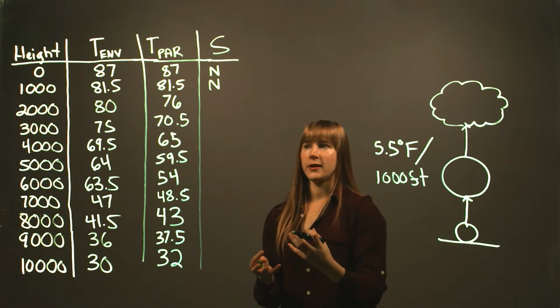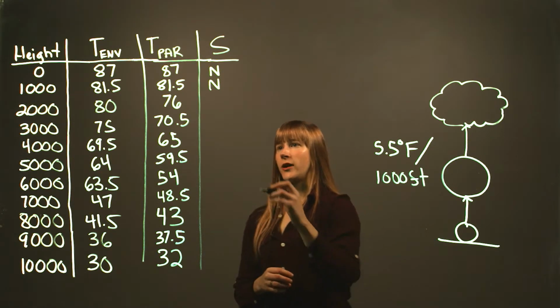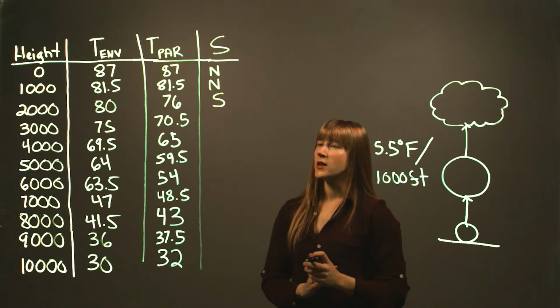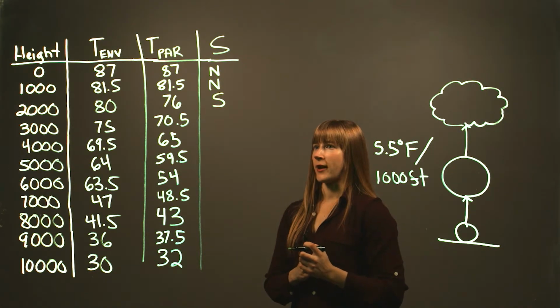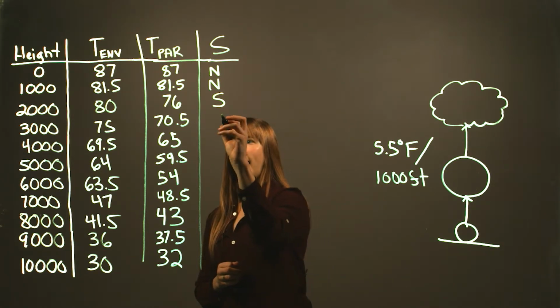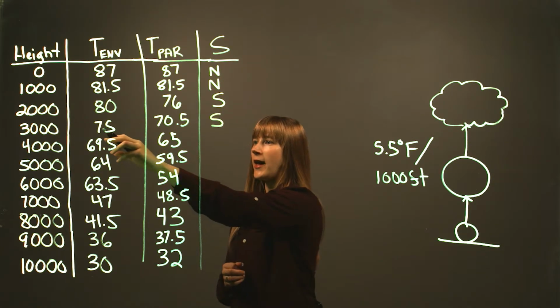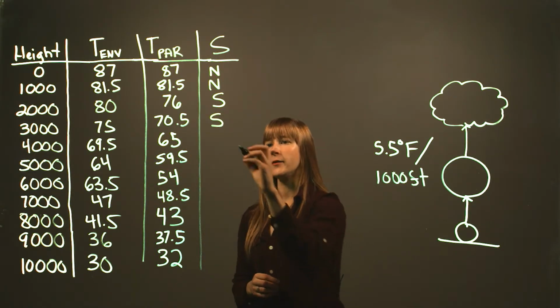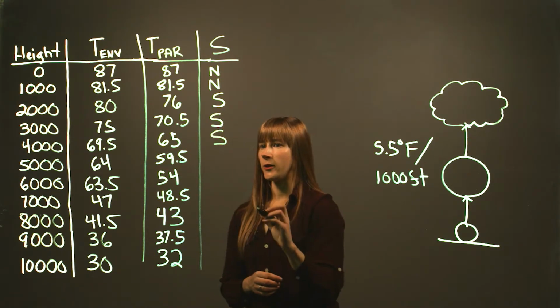So that would be making that air parcel negatively buoyant. It's not going to easily rise, so that would be a stable environment. And we have that trend for a while. Everywhere that the environment is warmer than the air parcel, it is stable.